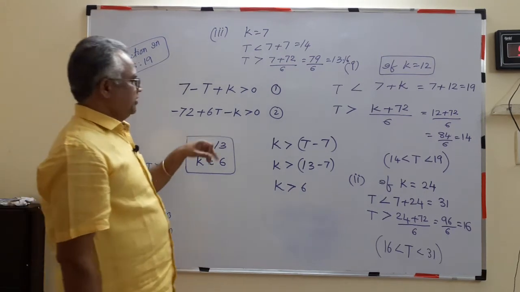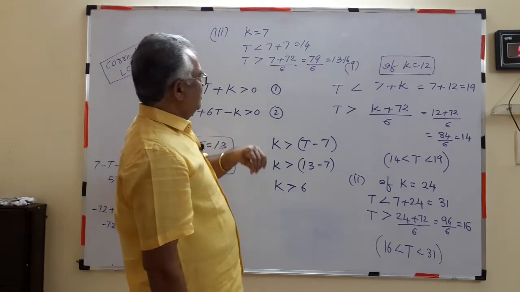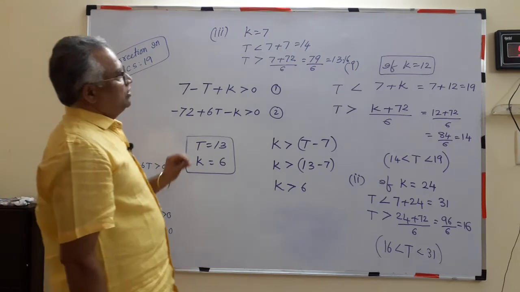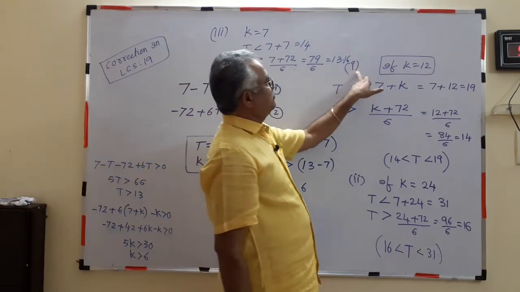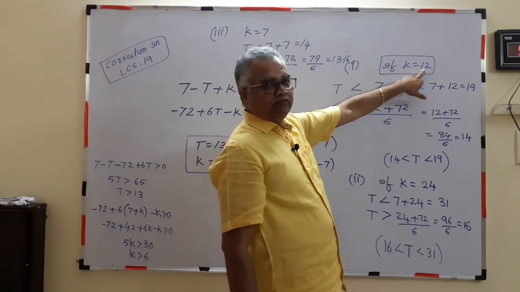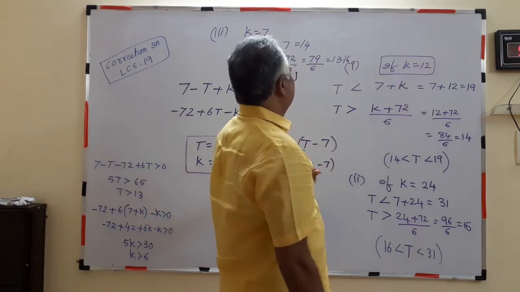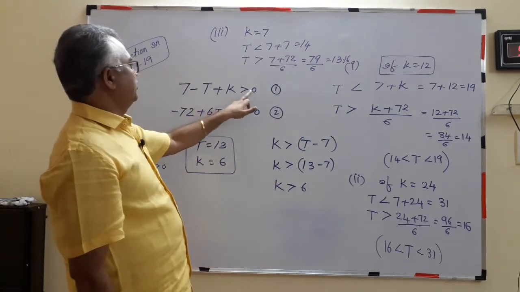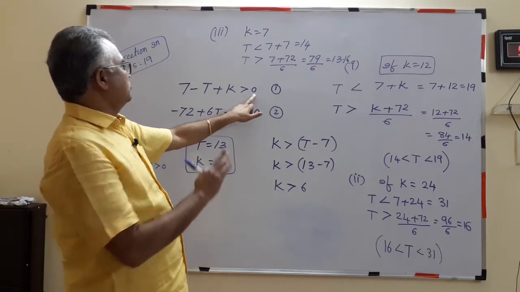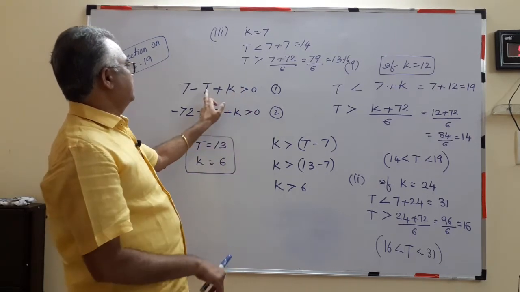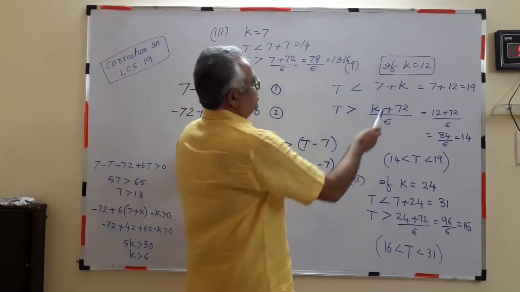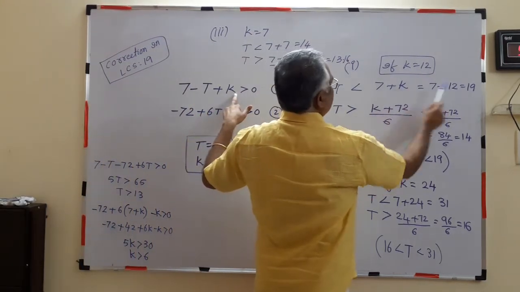Now look at here. K greater than 6. Case 1, I have taken k equal to 12. With k equal to 12, t going this side, so t must be less than 7 plus k. So k is 12, so t less than 19.